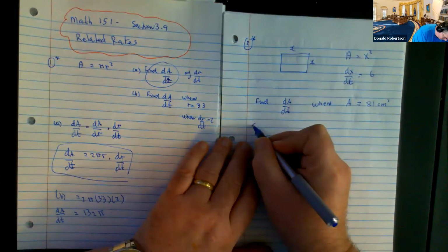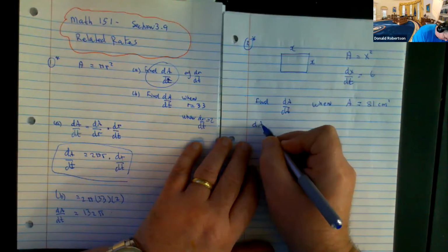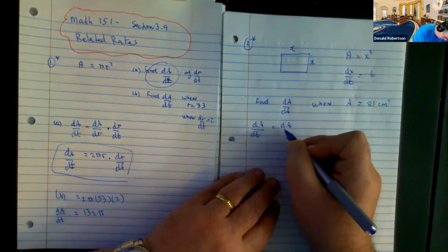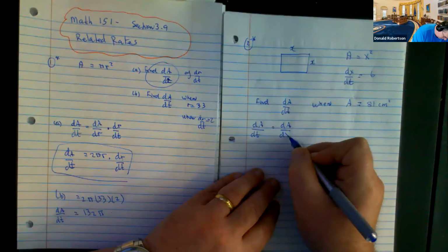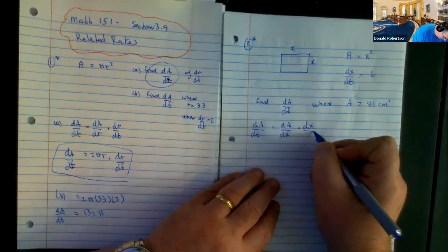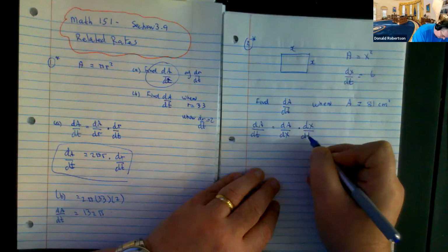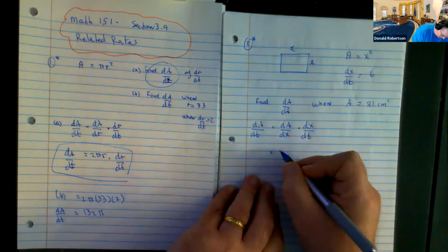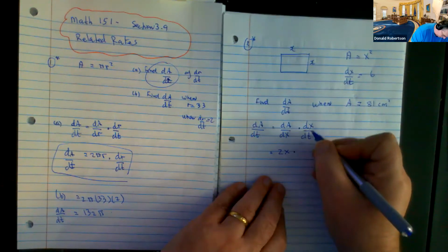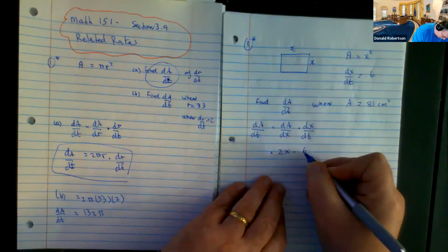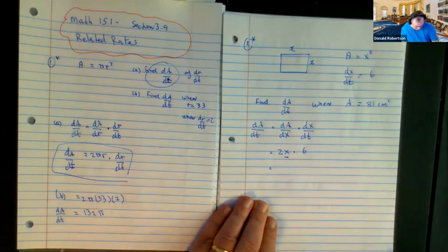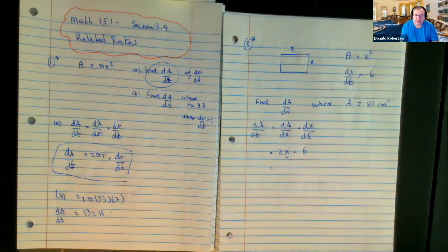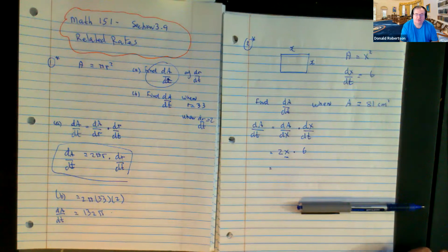Right. dA by dt is the derivative of the area with respect to x times dx by dt. The derivative of the area is 2x, and dx by dt is 6. And now all we need to do is figure out who x is. In an easy question, wouldn't we just say x was 9 or 7 or 22?